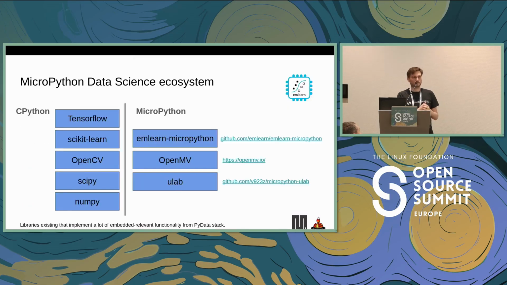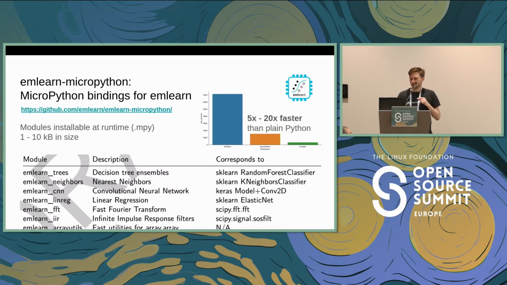The C API in MicroPython is not the same as on Big Python, the CPython which runs on your desktop. That means that you don't have the standard libraries, but we do have compatible versions of them to a large degree, including a wrapper for emlearn and ulab, which is for NumPy, etc. So emlearn-micropython is MicroPython bindings, and we basically expose all the existing C things to MicroPython.